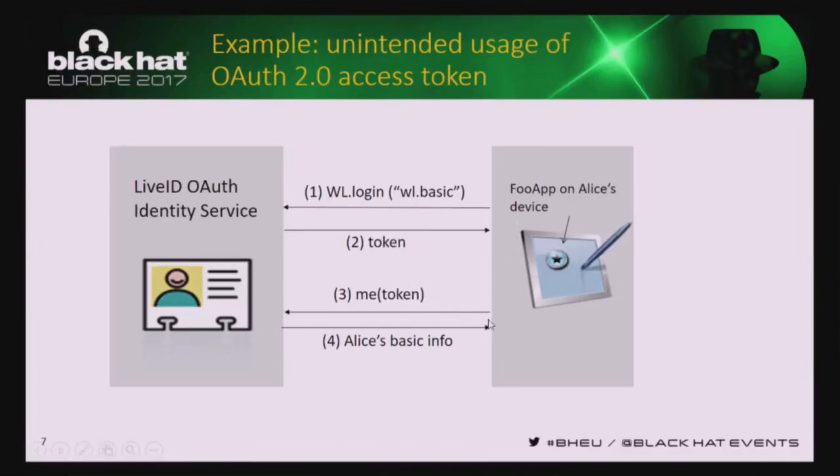And then with this token, the application can call a REST API, me, in order to get the user's information. Then Full App is able to recognize the user as Alice. Right? This is also pretty straightforward, and there is no problem in this protocol flow.